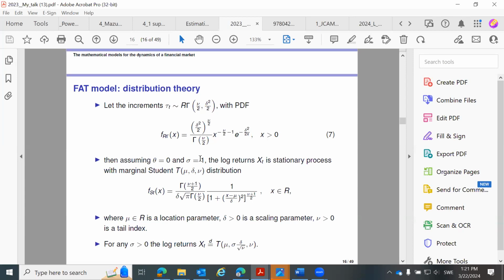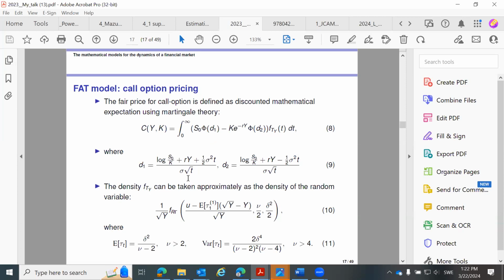And for this idea, we choose a distribution for increments of this new time, and we prove that the process for stocks has a Student distribution, and it is a desirable effect.